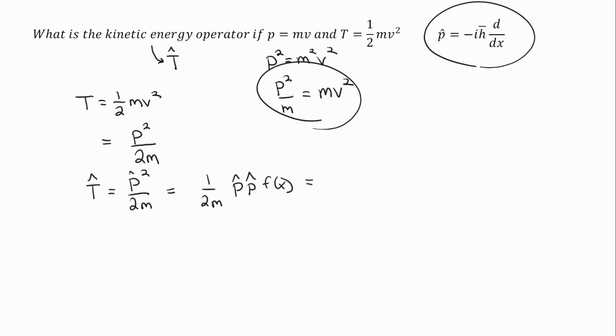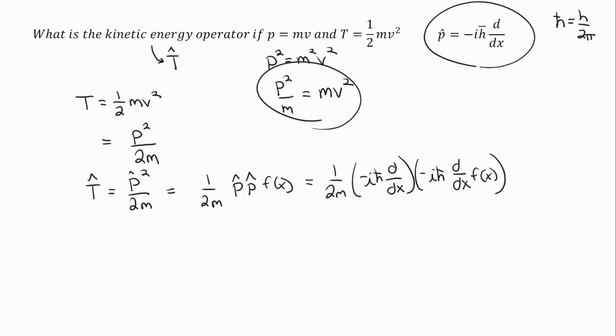And we know the momentum operator is the same thing as saying minus i h bar d over dx, where h bar is the same thing as saying h over 2 pi, like in general chemistry. So this quantity will simplify to 1/2m, and we'll apply our operators here. We have minus i h bar d over dx, and minus i h bar d over dx of f of x.